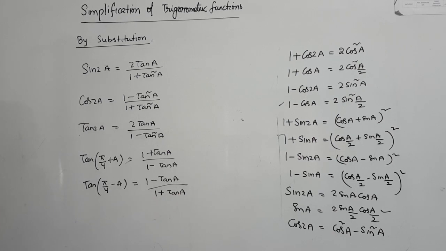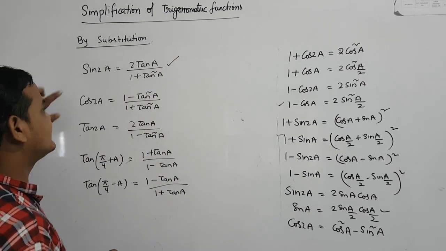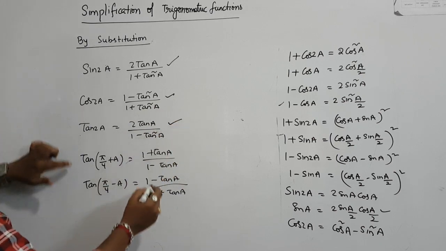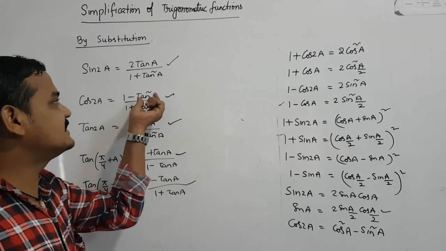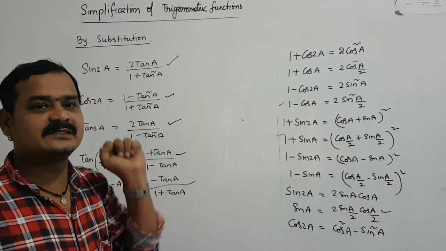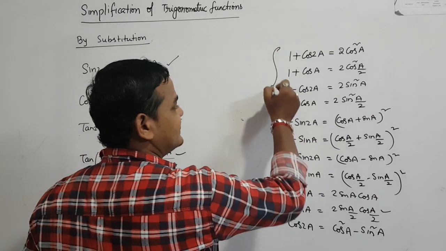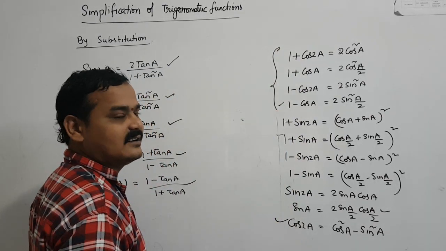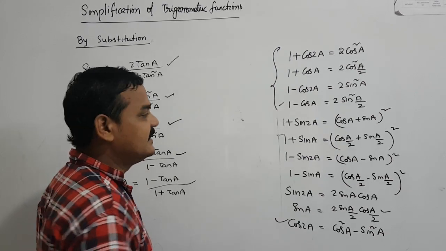From this you can observe that there is a substitution of tan a in sin 2a, the same tan a in cos 2a, tan a in tan 2a, and tan a in tan. So a lot of formulas are linked with tan a, so the first preference you can give to tan a. Next, these are all the formulas linked with cos 2a, so the second preference is cos 2a.